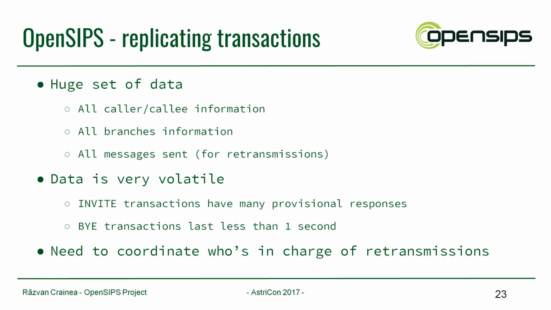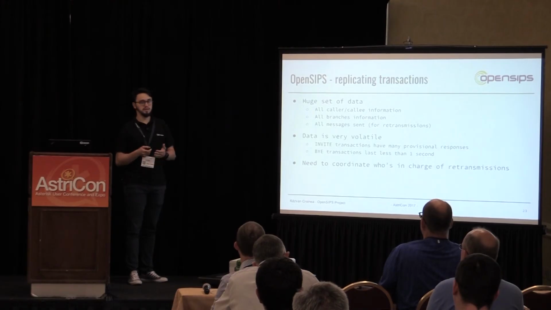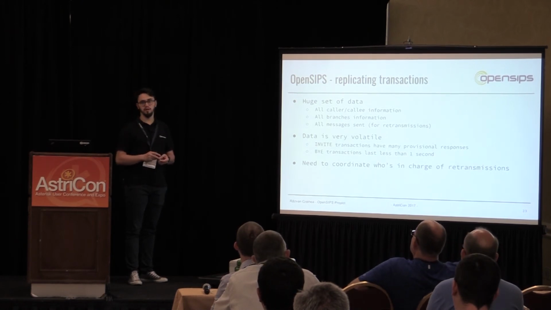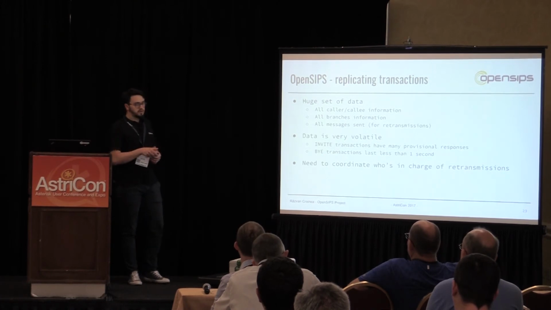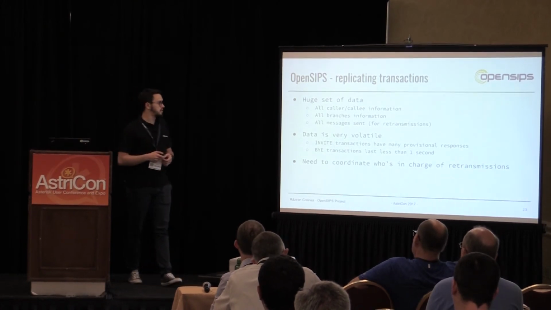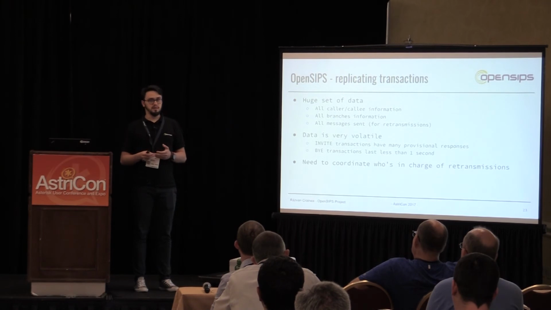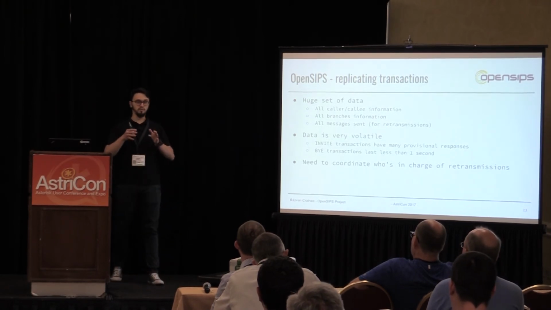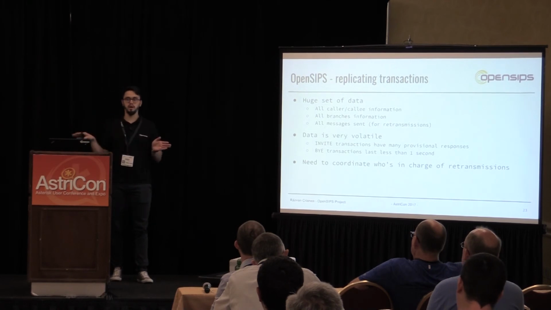And this data is very volatile. For example, INVITEs: this data needs to be replicated in less than a second. For example, you might receive a provisional reply immediately after you send an INVITE. Also, for a BYE transaction, it lasts less than a second, because you send the BYE, you receive the 200 OK, and that's it. But you still have to replicate this information to all the other instances.